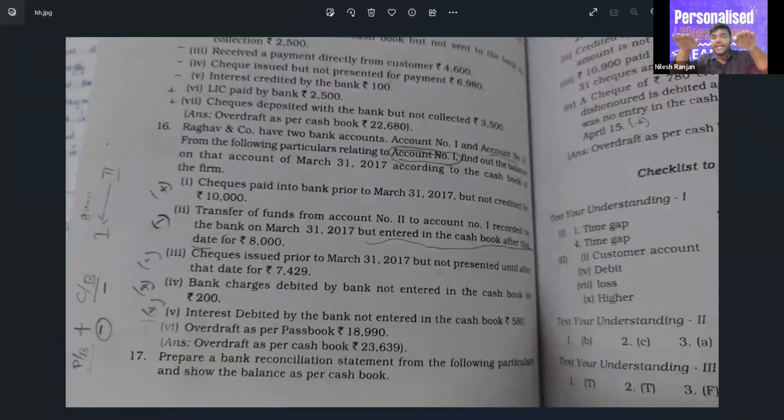The bank has deducted the bank charge, so the passbook has decreased. So we have to increase the passbook. But the balance in the passbook is negative, minus. So minus plus, it will be minus. So we will put it in the less, decrease it.